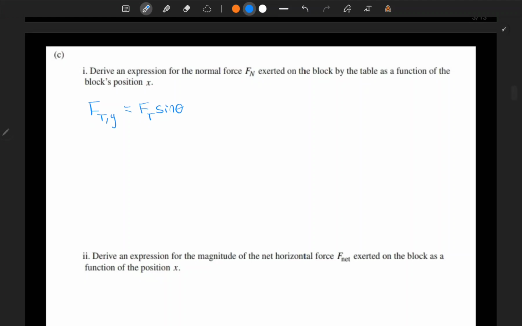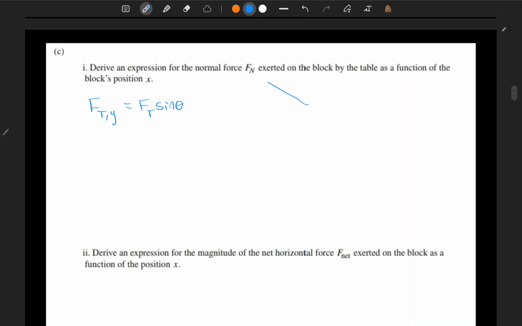And that's just by seeing that the tension force points in this direction with an angle theta. So the component in the vertical direction, where the hypotenuse is Ft, is Ft sine theta.